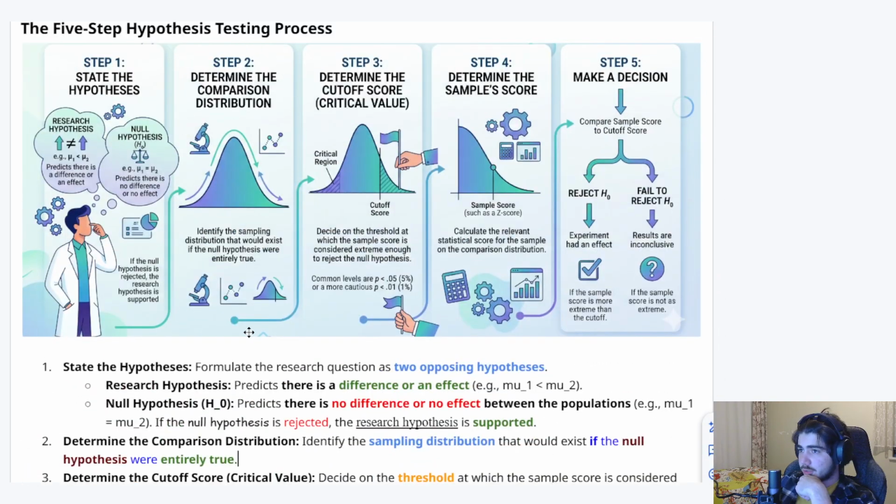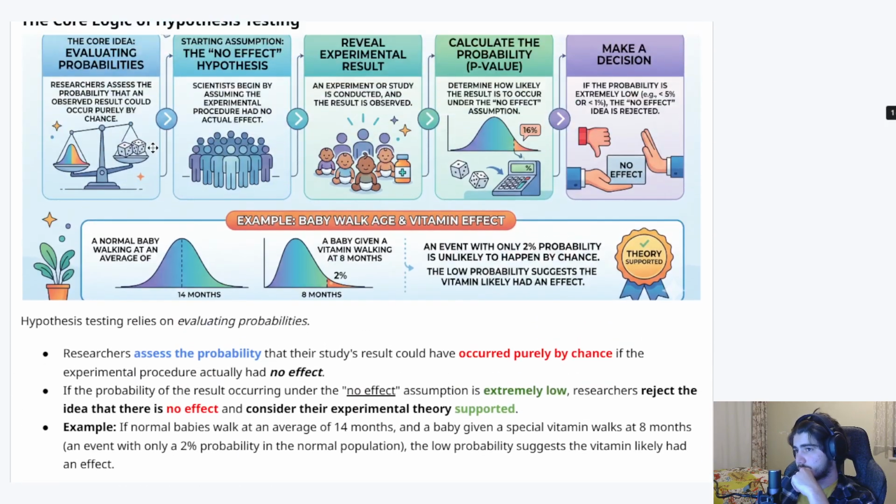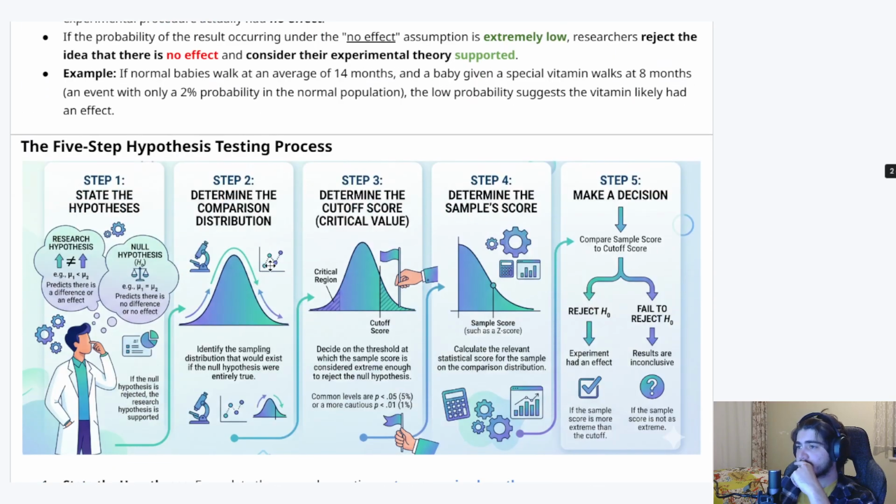We then determine the comparison distribution, identify the sampling distribution that would exist if the null hypothesis were entirely true, as we discussed before. We then determine the cutoff score, the critical score that we will say is necessary for our research to be treated as statistically significant.